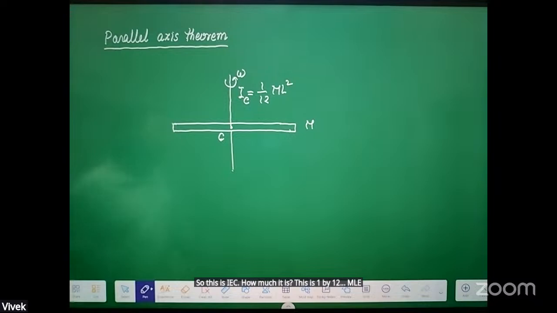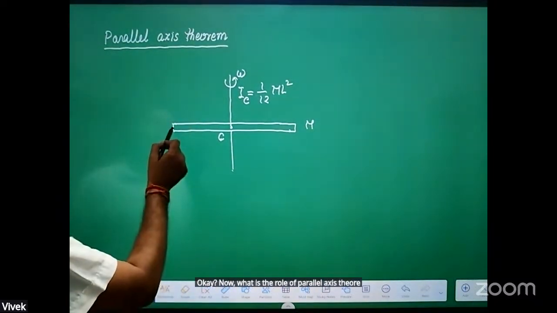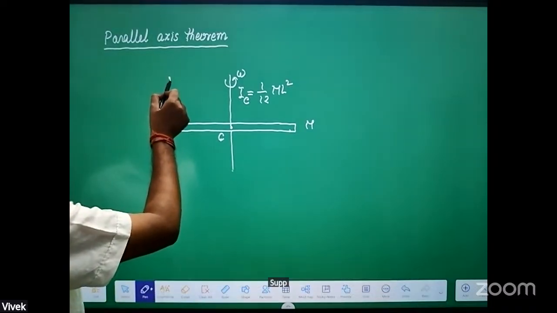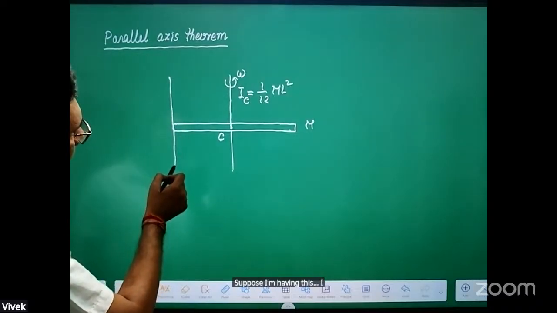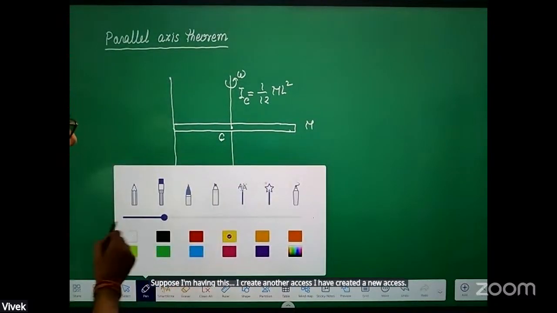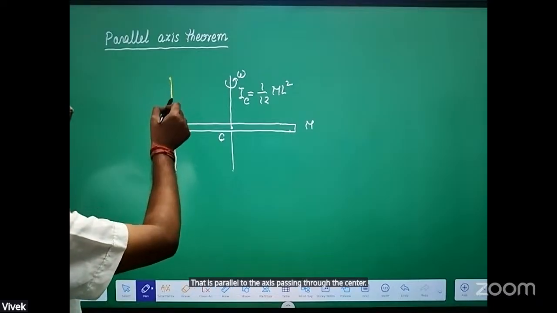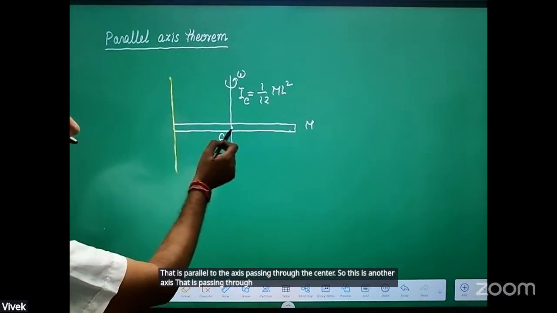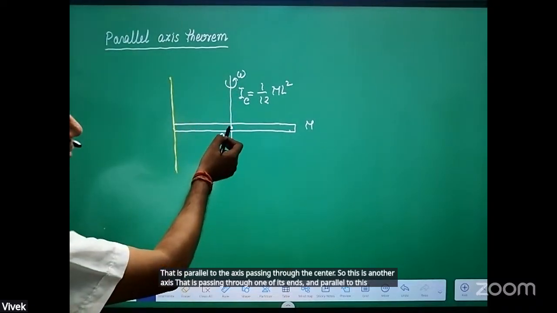Okay. Now what is the role of the parallel axis theorem? With the help of the parallel axis theorem, I create another axis that is parallel to the axis passing through the center. This is another axis passing through one of its ends and parallel to the axis passing through the center.